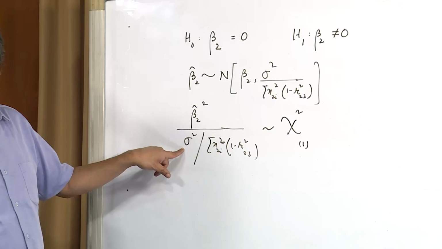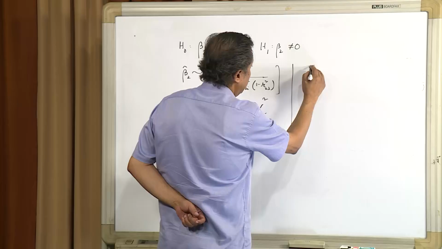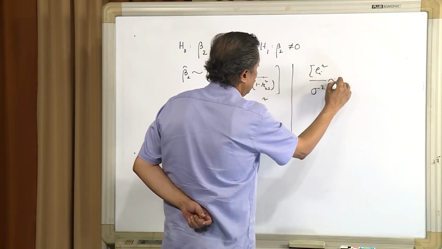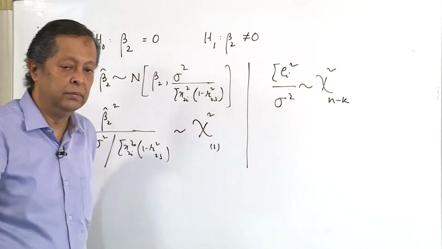Remember, sigma square is unknown. Another important result is summation ei square by sigma square follows a chi-square with n minus k degrees of freedom.